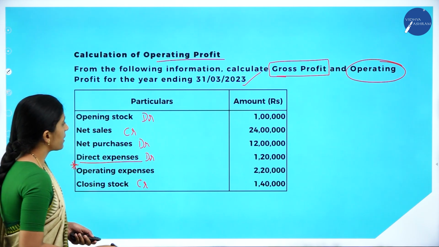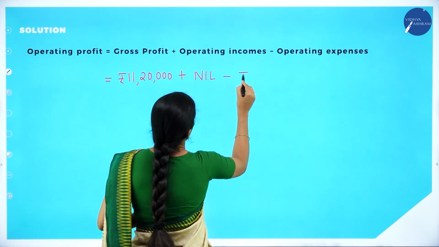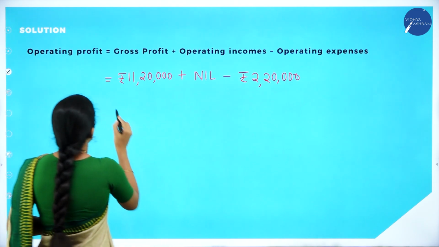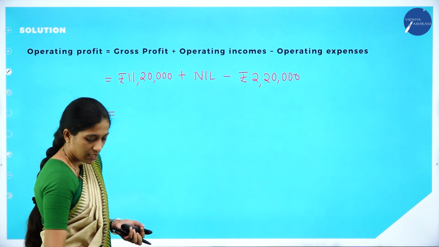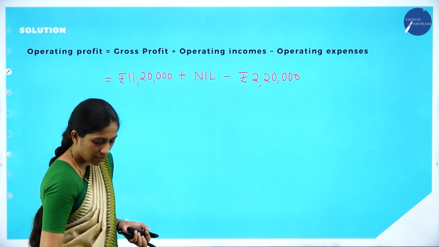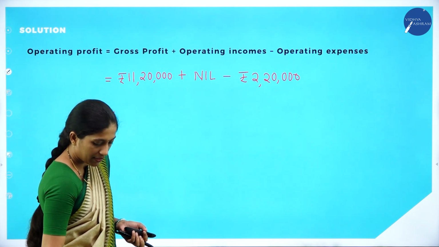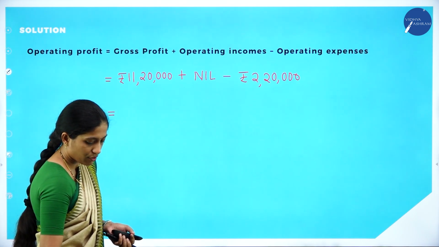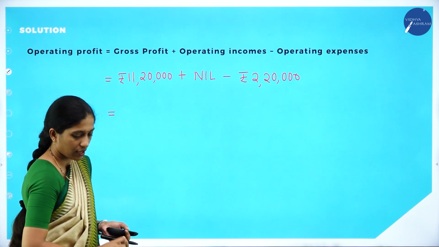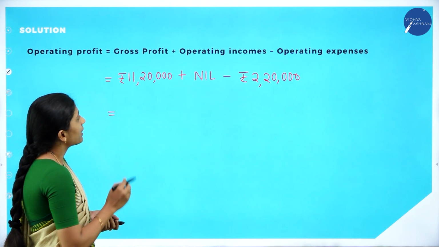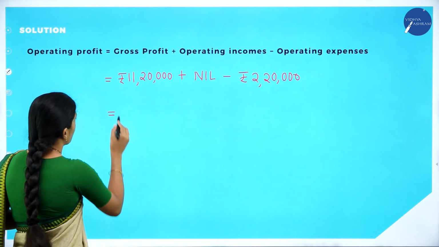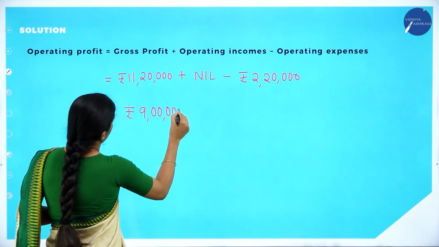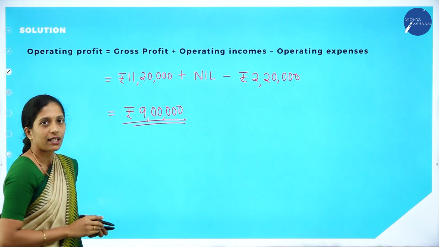So operating expenses is rupees 2,20,000. So what would be the answer? 11,20,000 minus 2,20,000 will be 9,20,000. So 11,20,000 minus 2,20,000, that is rupees 9 lakh. So this will be the operating profit.